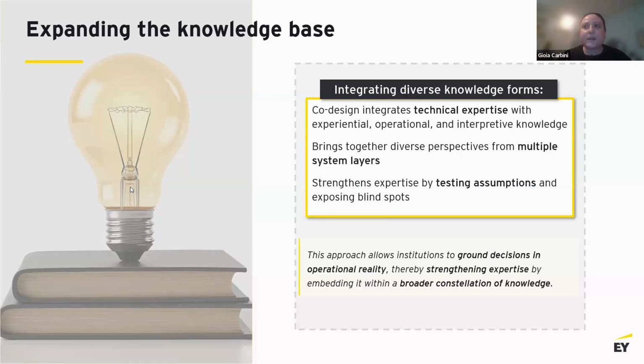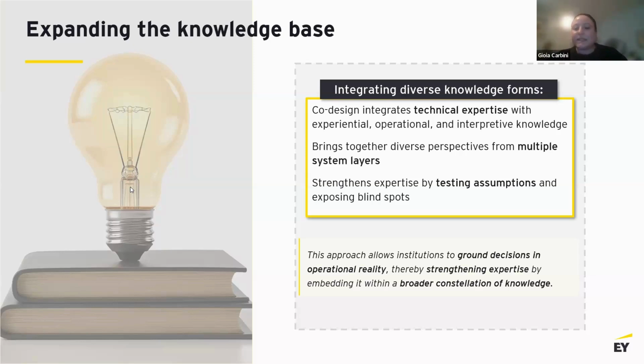So we need to integrate this form of knowledge that comes from people who experience a problem daily, those who navigate the effects of a decision and the constraints. So we need to integrate different types of knowledge.